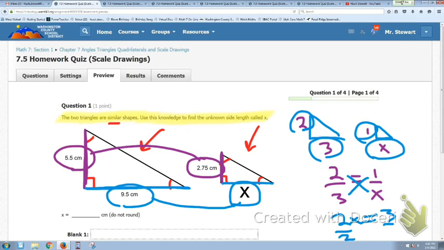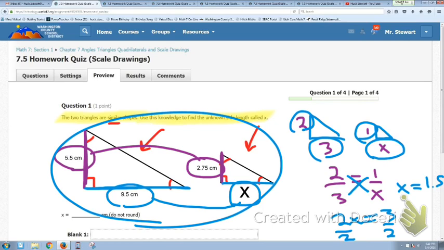Divide both sides by 2, and you get x is equal to 3 halves, or 1 and 1/2. So that's what x is equal to. Use that to help you figure out the unknown over here. Just a quick note, make sure that you put just the number, and I've already marked centimeters, and you don't round or anything, just give me the precise number.